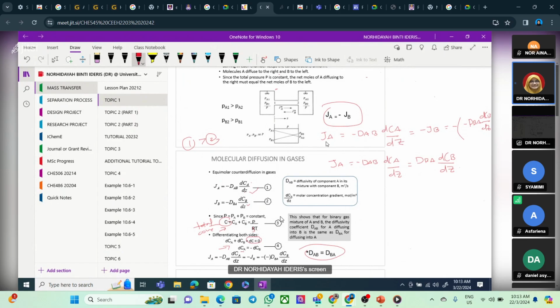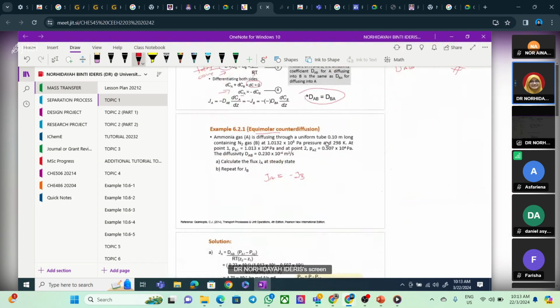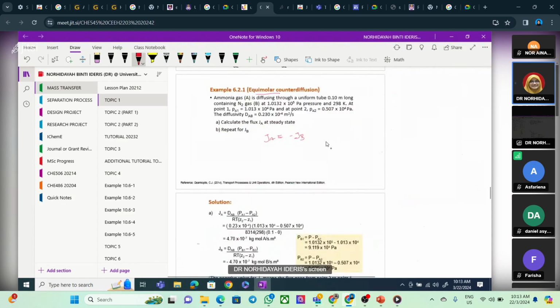So here, negative DAB dCA over dZ is equal to DBA dCB over dZ, with negative sign and negative sign cancelling. So you can see here, we can prove that DAB is equal to DBA. Okay, so that's the proof that DAB is equal to DBA.